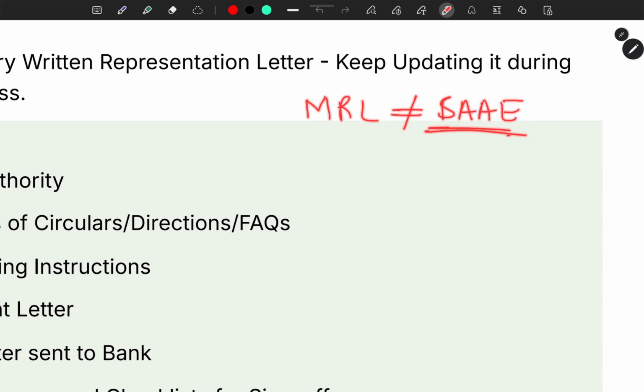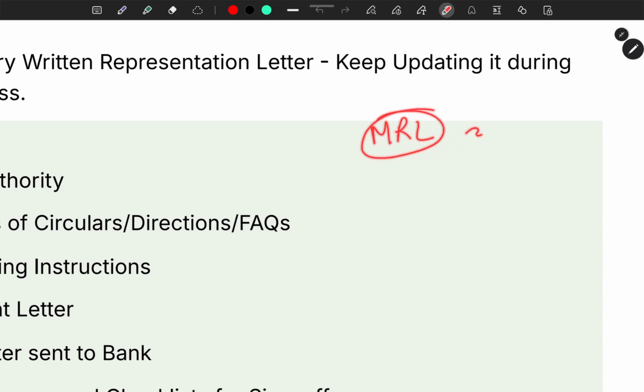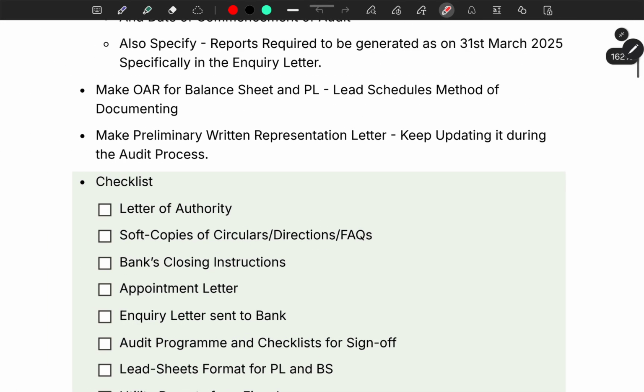I may make a different video on this someday, on why MRLs are not sufficient. So that is something to be cautious about. You may take any representation, but it's never enough.